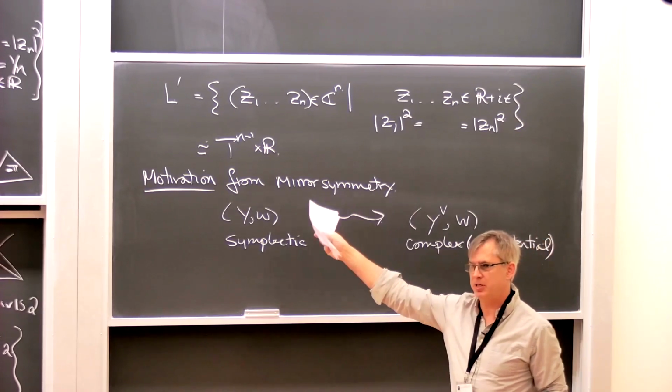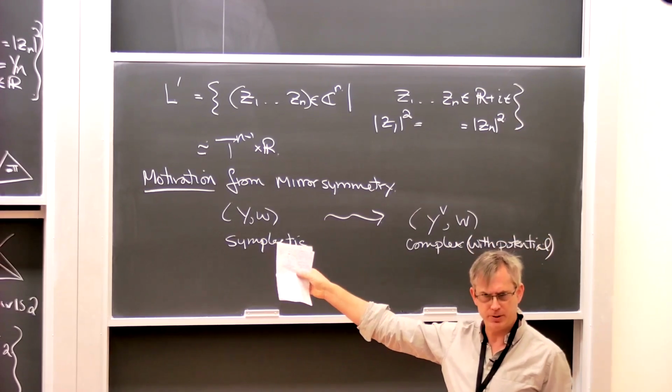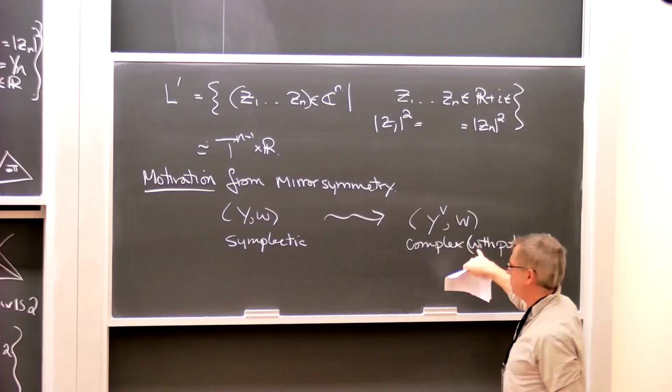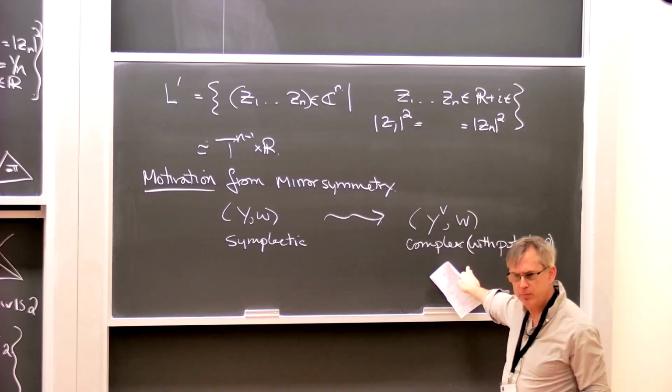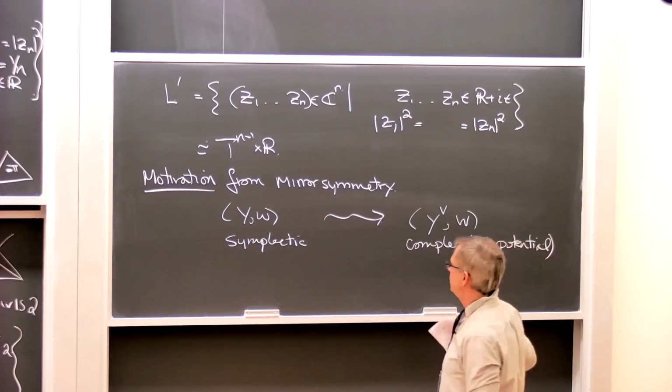In these Fano examples, what I'm talking about here, like complex projective space, the mirror is equipped with some function. But I don't really want to worry about this distinction too much.